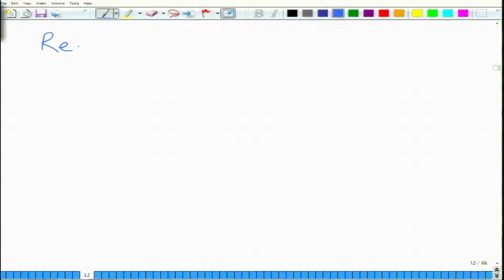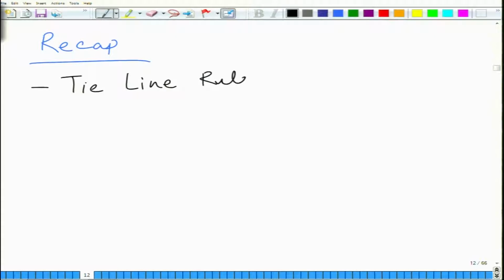So first, let me just recap the last lecture. In the last lecture, we talked about the tie-line rule, which allows us to determine the compositions of two phases in equilibrium in the two-phase region in a binary phase diagram. So if you know the overall alloy composition and the temperature, then at a fixed temperature you draw a horizontal line.